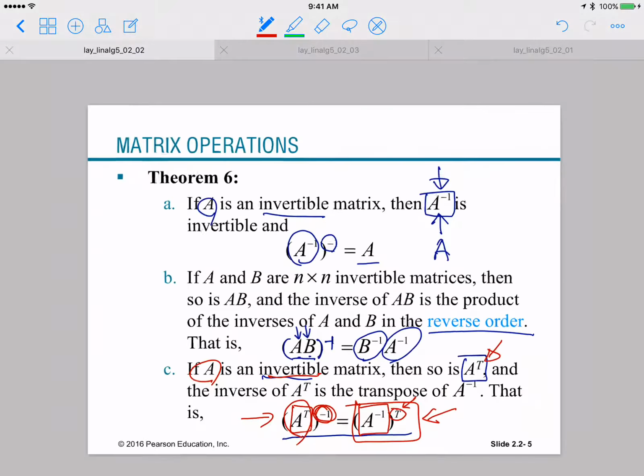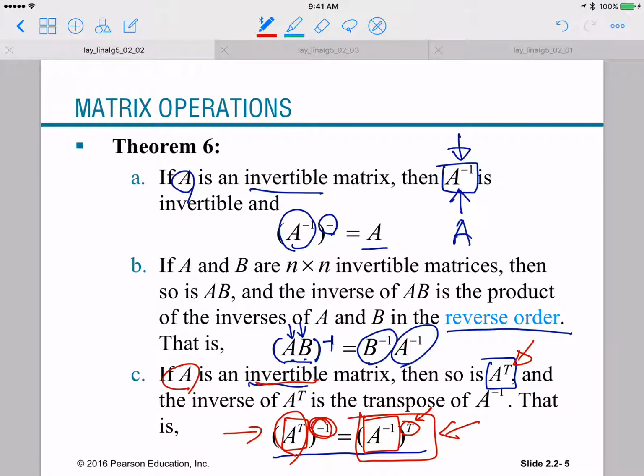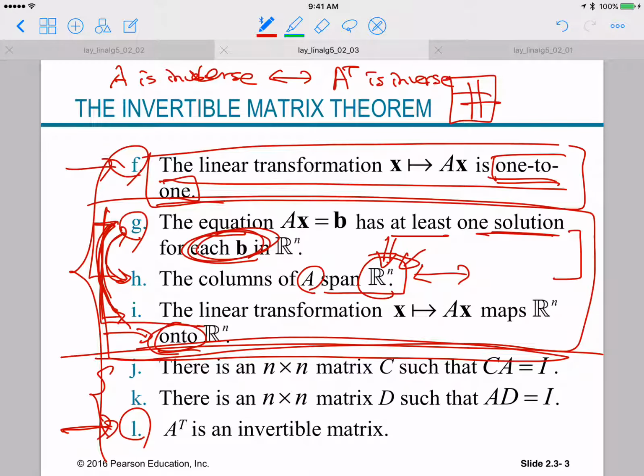Okay, so since the inverse matrix exists, we can say that if A is invertible, then A transpose is also invertible. Okay, A is invertible, then A transpose is automatically invertible.